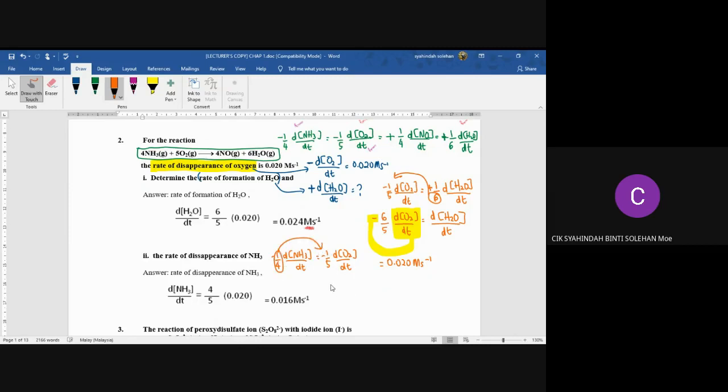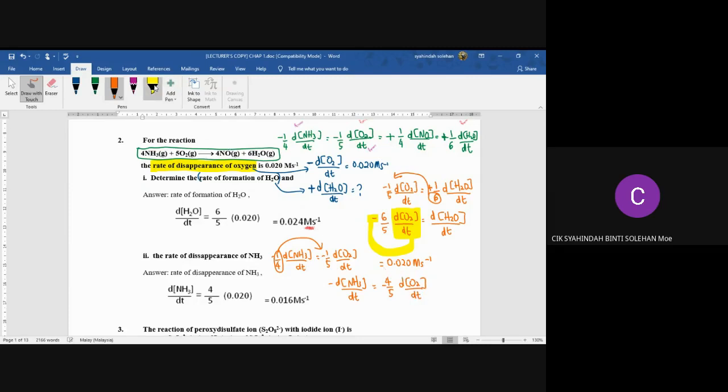So it's going to be negative, why negative d[NH3] over dt? Because the question wants you to find the rate of disappearance of NH3, right? And then equals negative 4/5 the change in concentration of oxygen over dt.